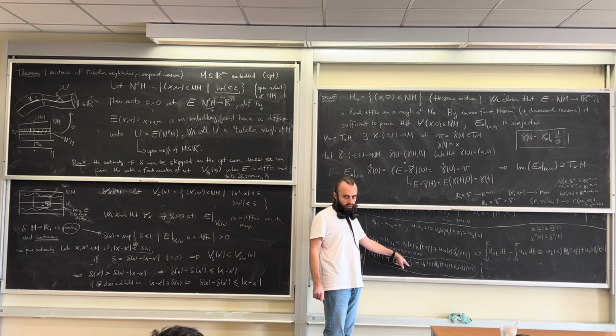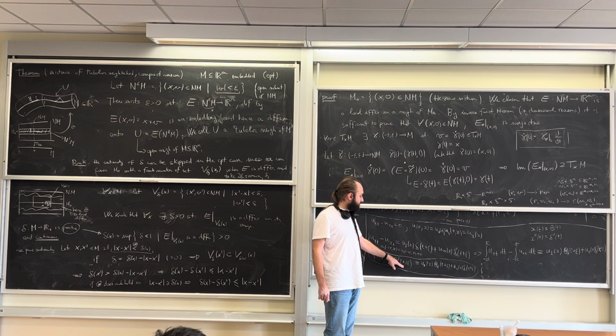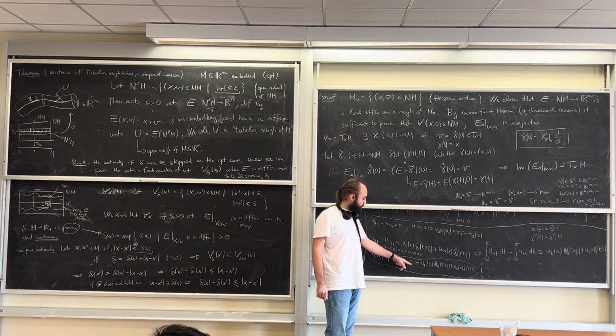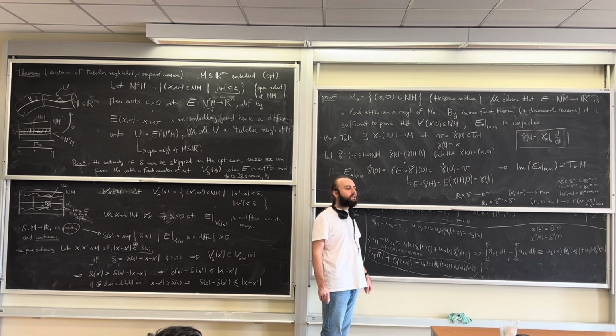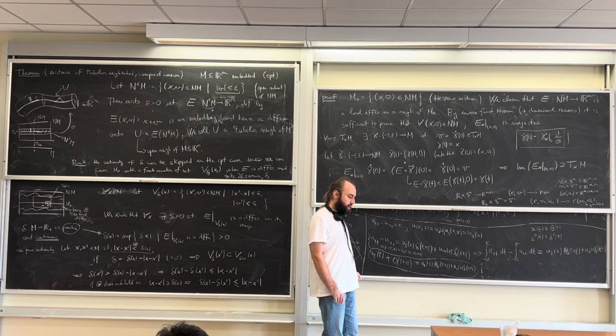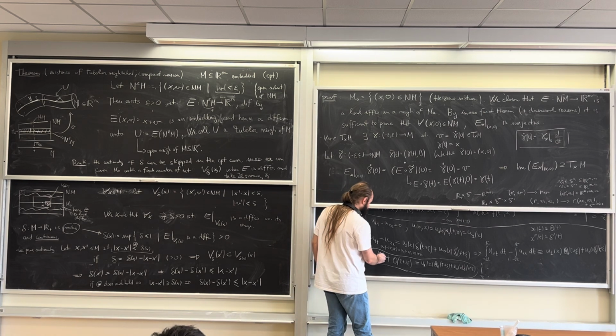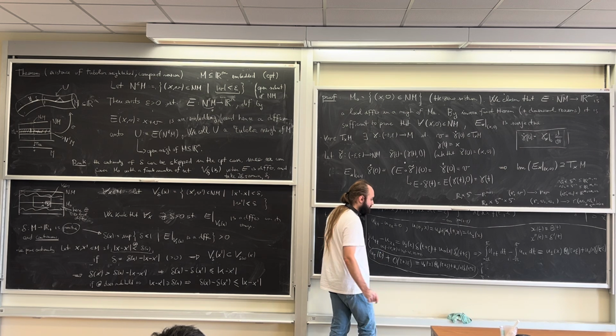When we send this to zero, it will be of this order. Is it clear? Sorry, I forgot to write here tau and x.